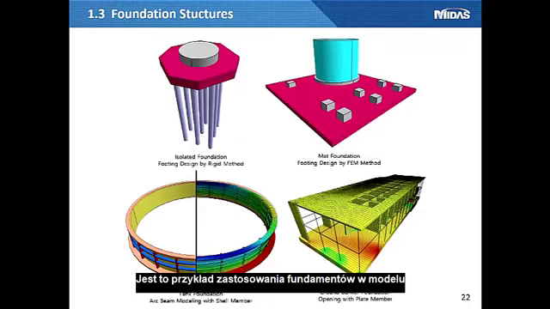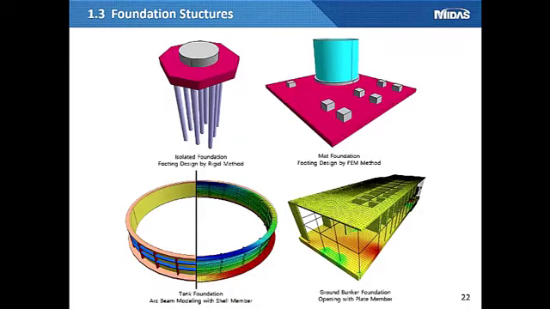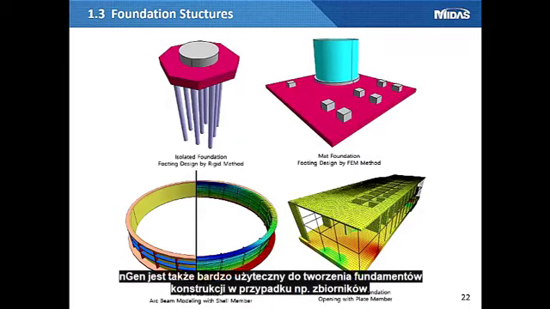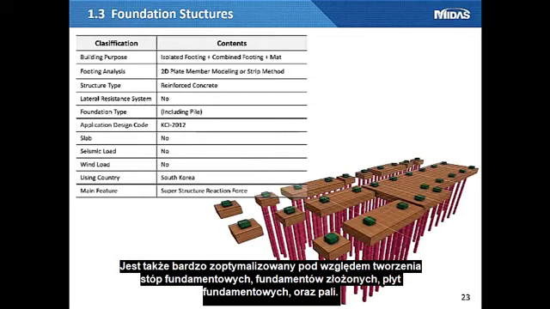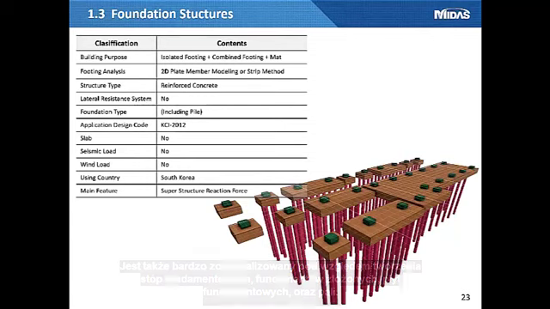The following is an example of applying the foundation. nGen is also very useful for foundation structures such as tanker structures. It is also very optimized for applying isolated footing, combined footing, and mat foundation, including piles.